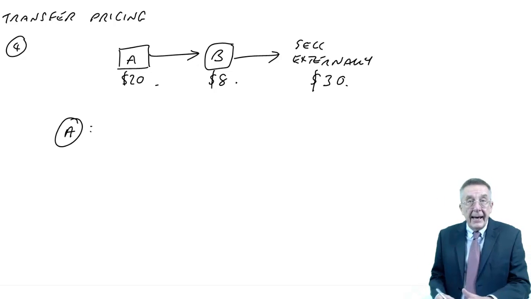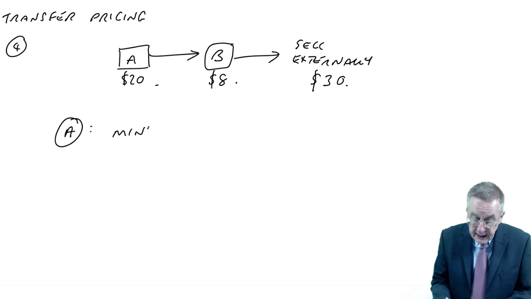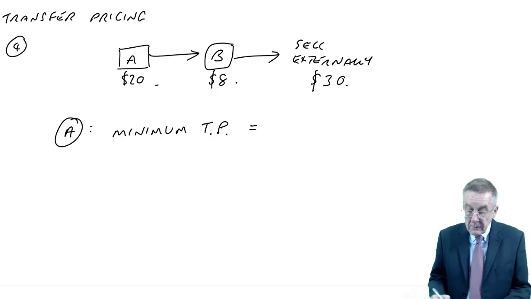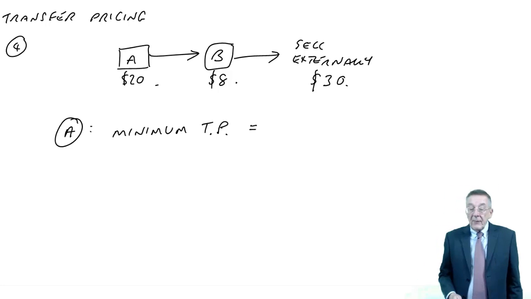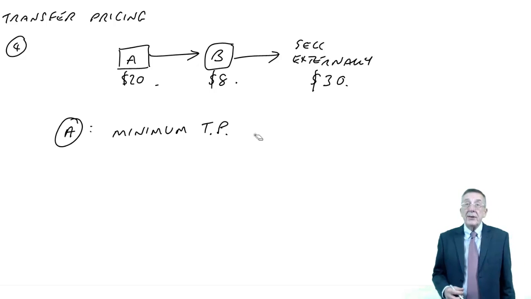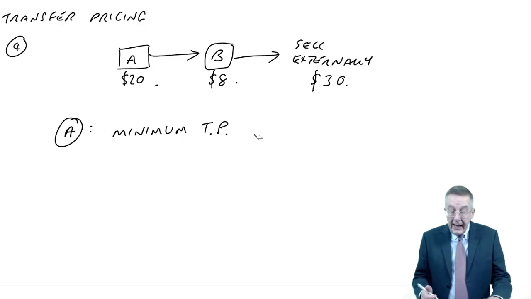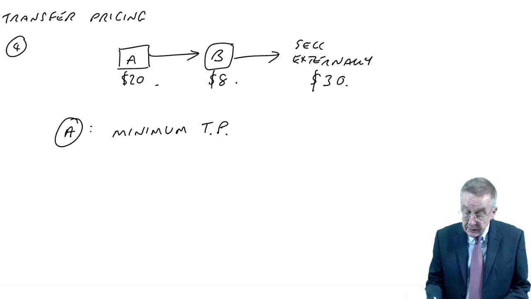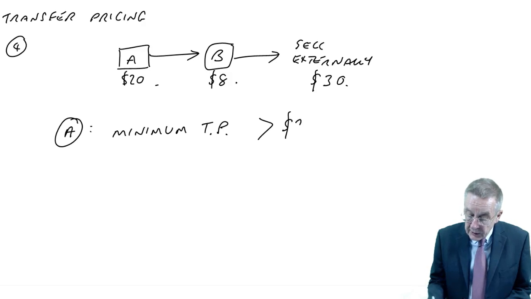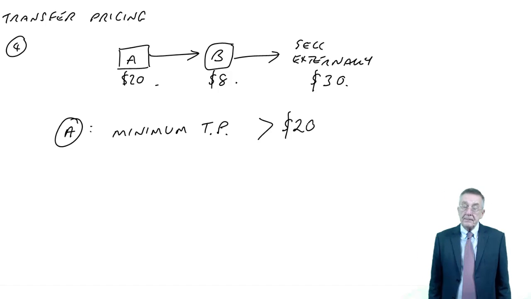And so A, the transferring division, fixes the minimum transfer price. Since they've got costs of 20, they need to be able to charge more than 20 for them to be prepared to produce. And so the transfer price we end up with must be more than 20.